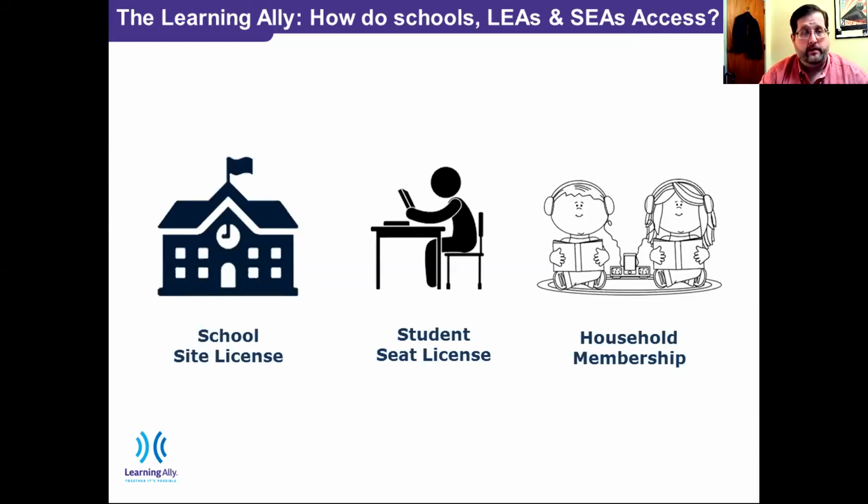The second way is a student seat license. While the student gets full access to the collection and full access to unlimited numbers of books as they need, either self-selected or assigned by their teacher, the significant difference is it's a limited number of seats that the school then brings on board. That makes it different from a situation where you have immediate unlimited access.